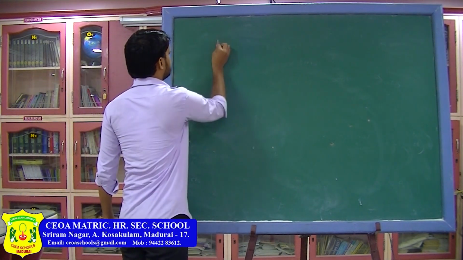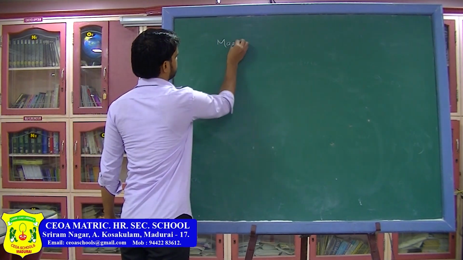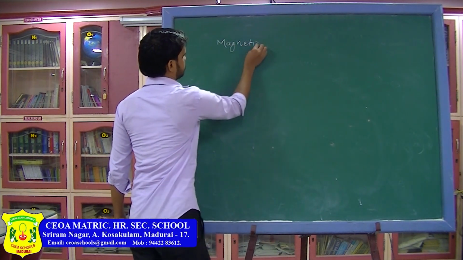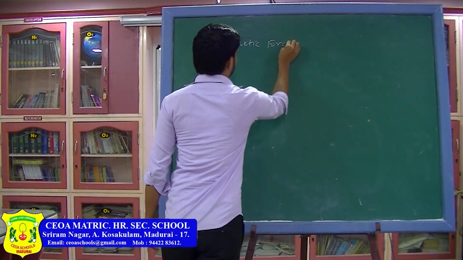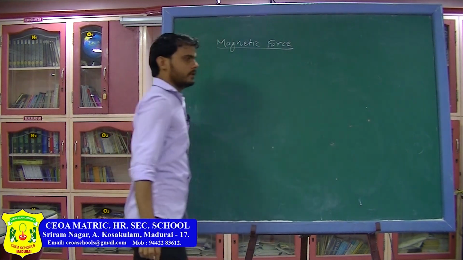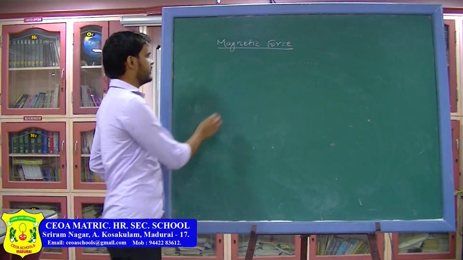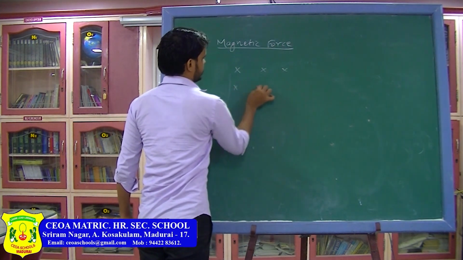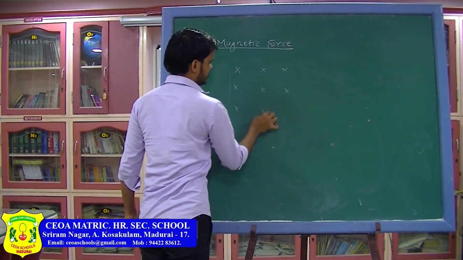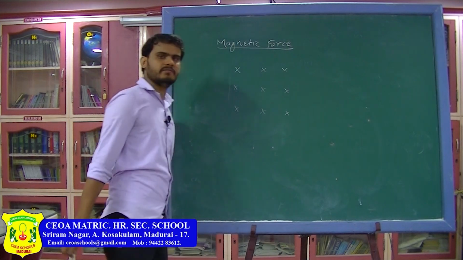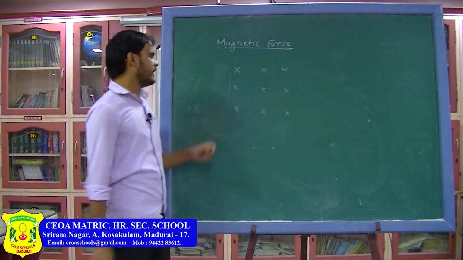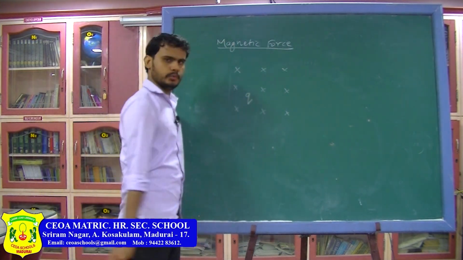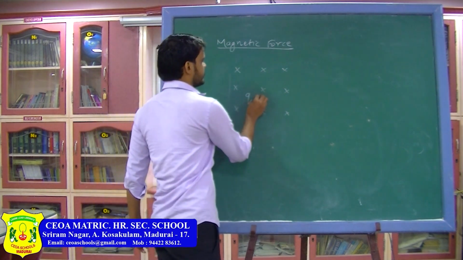So now the next heading is magnetic force. Now suppose there is a magnetic field. As I already told you, when I draw a cross it means the magnetic field is in the inward direction, and in this magnetic field there is a charge q moving with a velocity v.